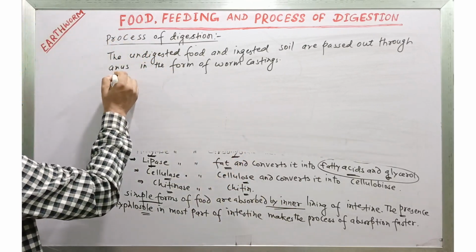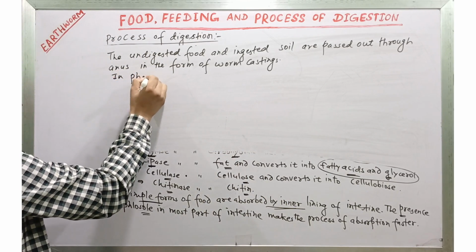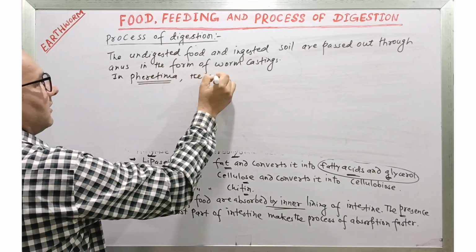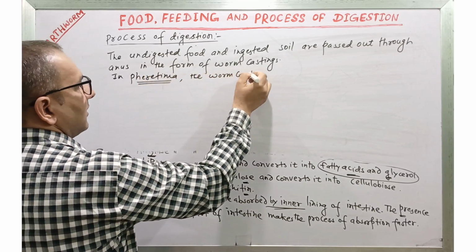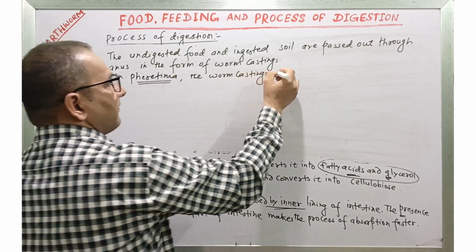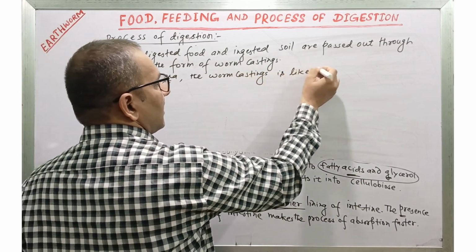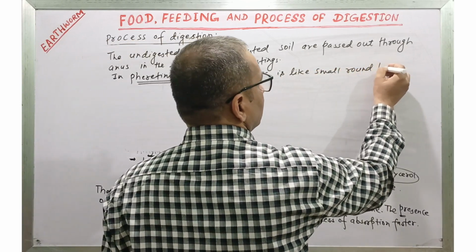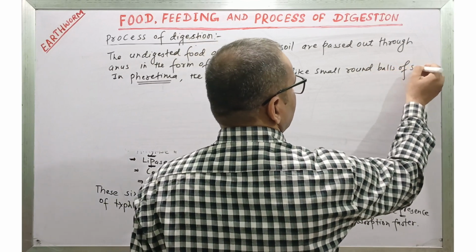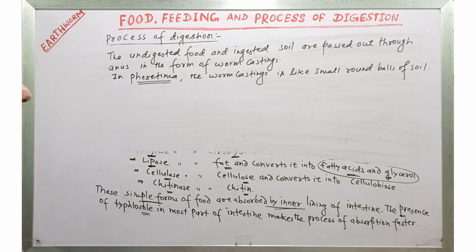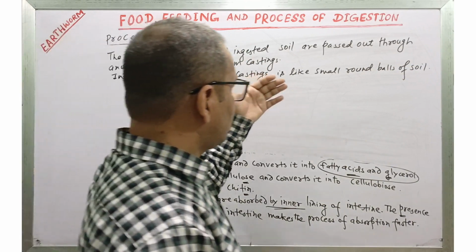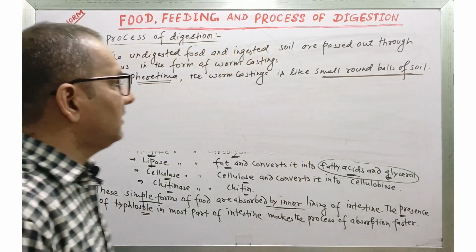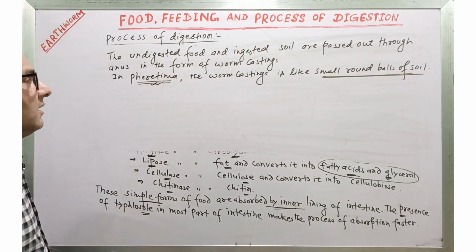In Pheretima, the worm casting is like small round balls of soil.